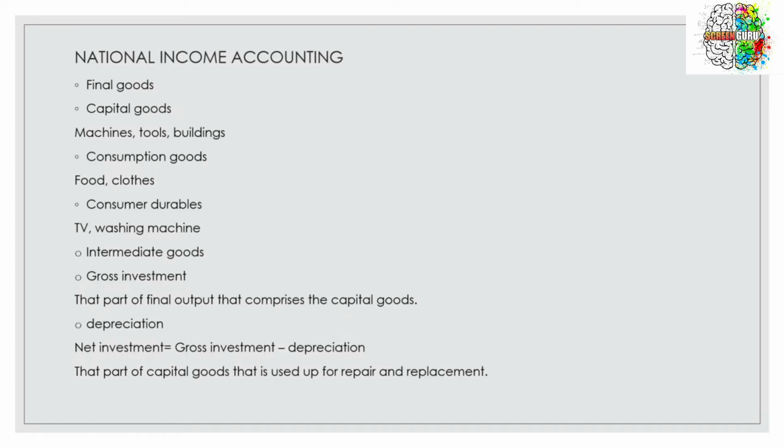The deduction of the 5 machines that were taken from the second year's production out of the total investment is called depreciation. So what is depreciation? The deduction which is made from the value of the gross investment in order to accommodate regular wear and tear of capital is called depreciation.